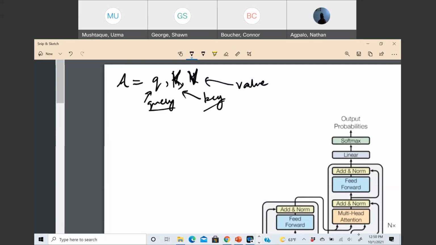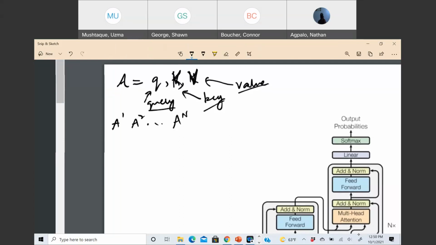Based on the query, key, and value, you get the attention according to this paper. You compute this A, or attention, for every word. So if I have N words, I'll have A1, A2, and so on up to AN.